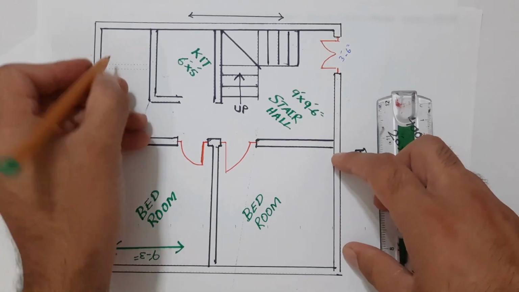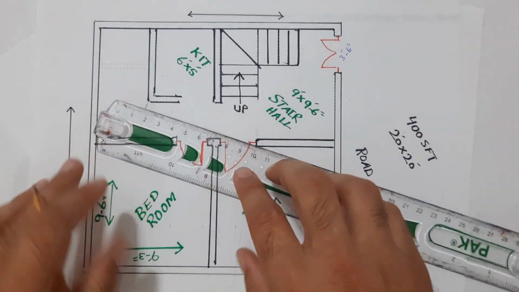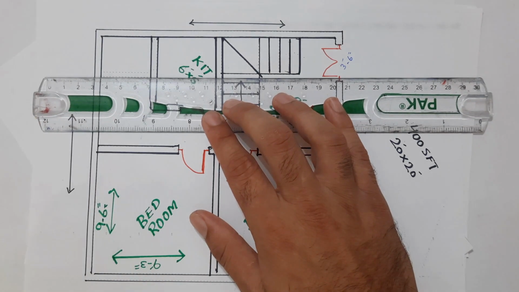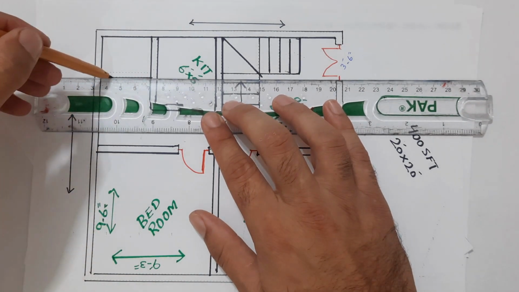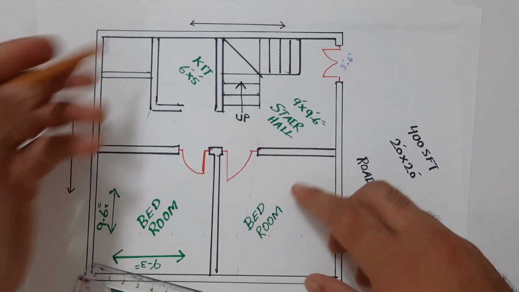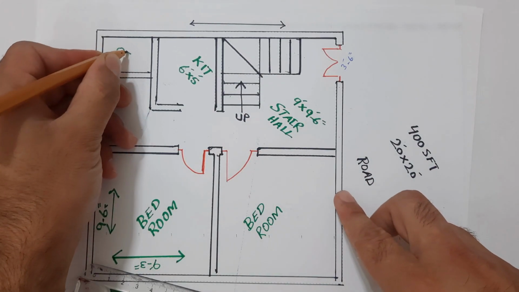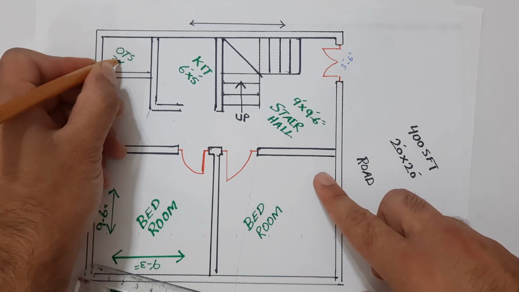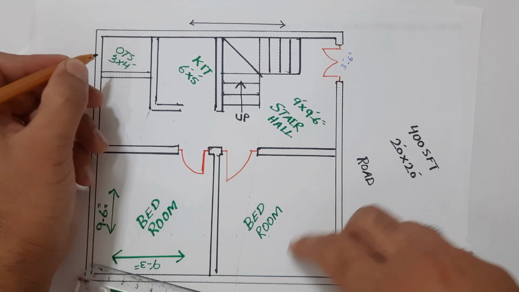Okay, the next one is here. This is open to sky, OTS, which size is 3 feet by 4 feet.